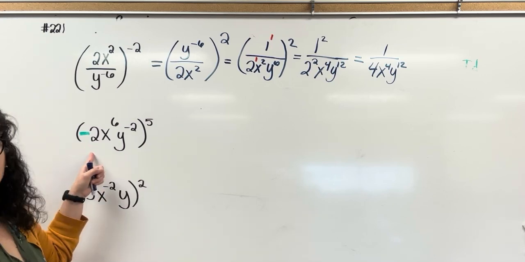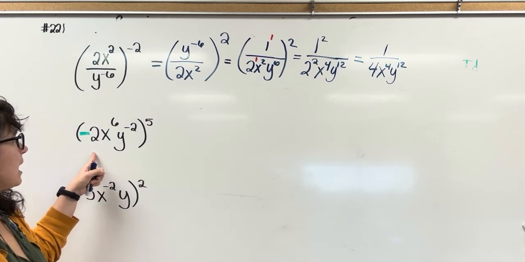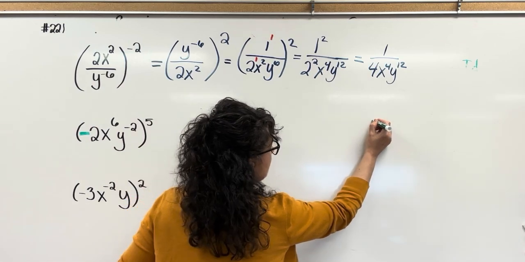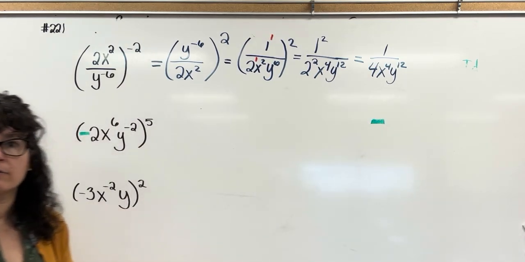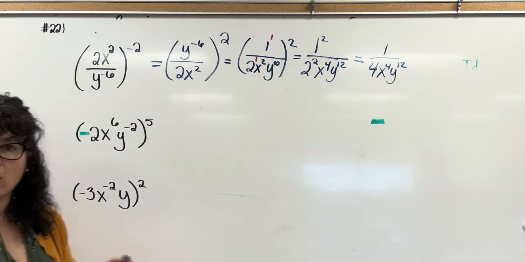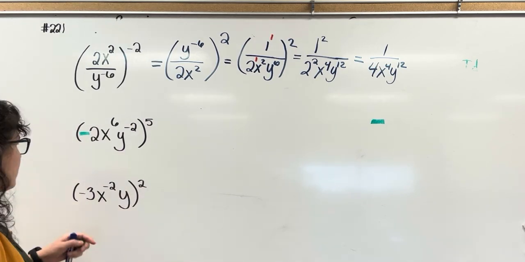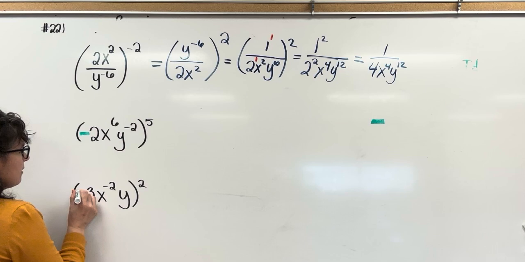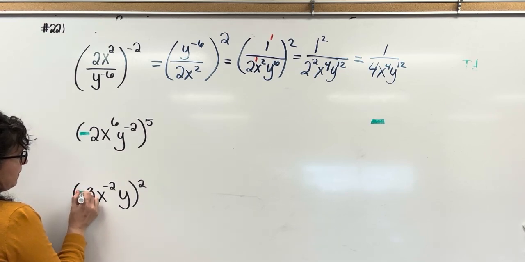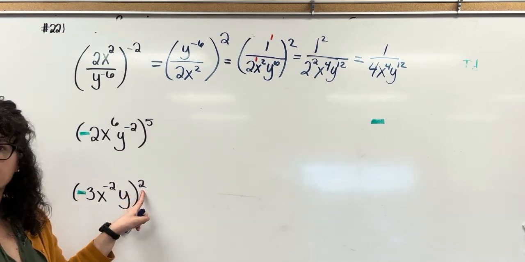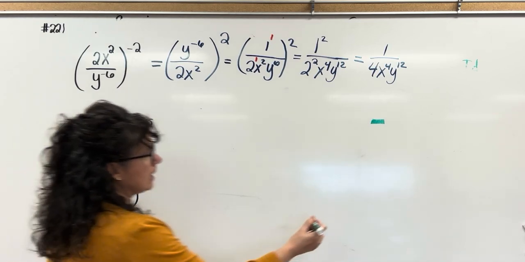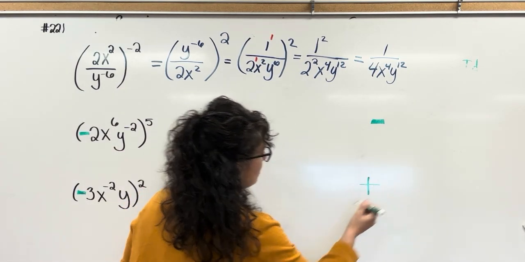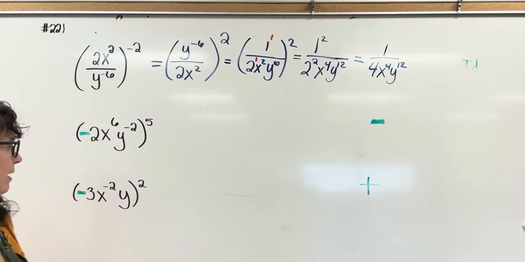So I know right away that my final answer is going to be negative. So I'm going to go ahead and put this giant negative over here to remind me when I'm all done, this is negative. Now in this case, this negative 3 is to an even. And so if I have an even amount of negatives, my final answer is going to be positive.